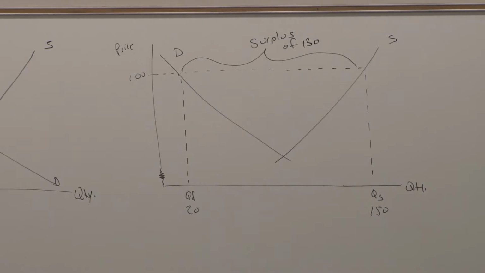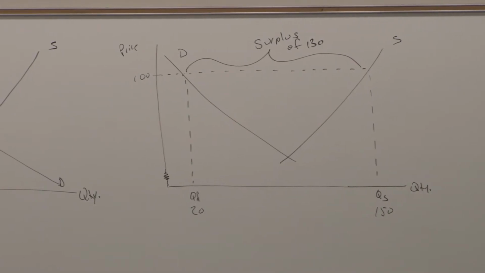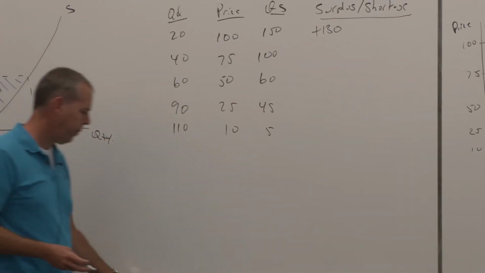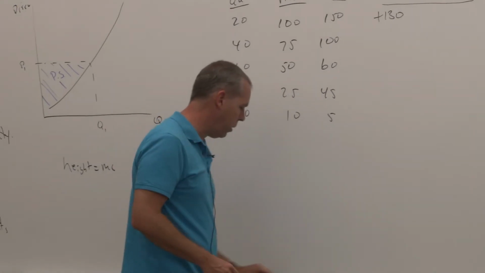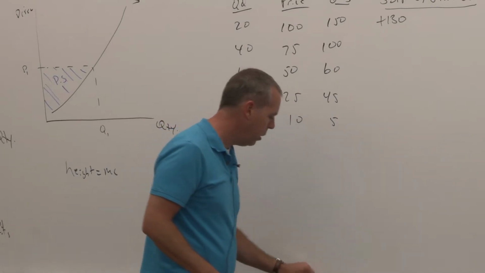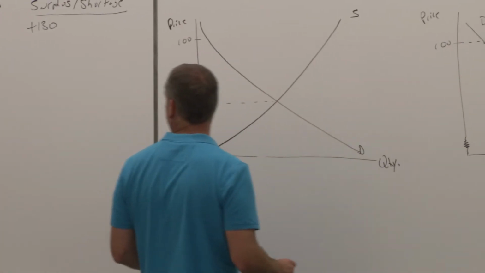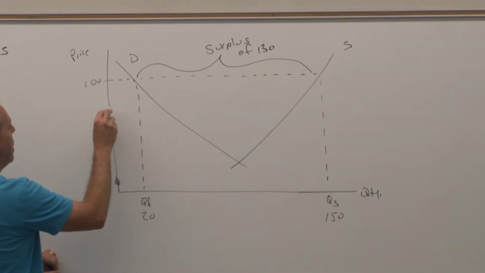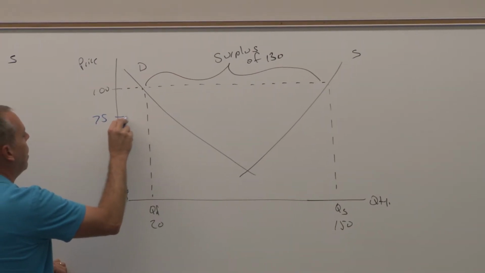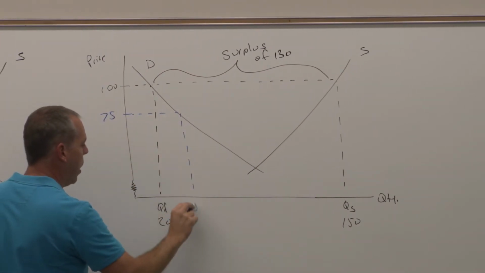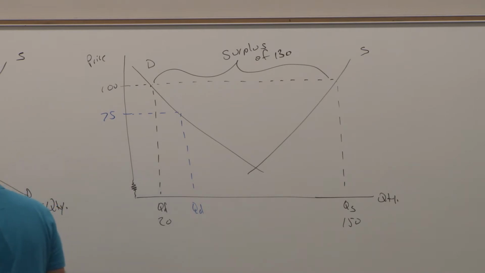So producers compete amongst themselves and lower price, right? And as price falls to, say, we'll do it in blue here, as price falls to 75, we get this, right? Our quantity demanded changes to 40.